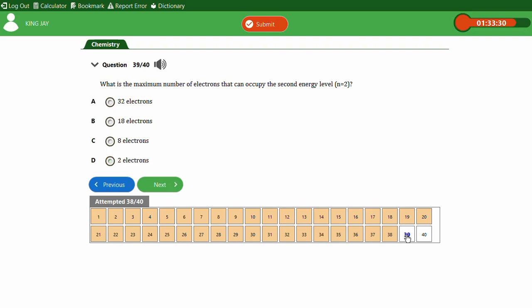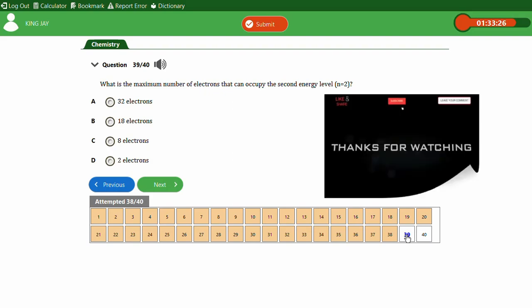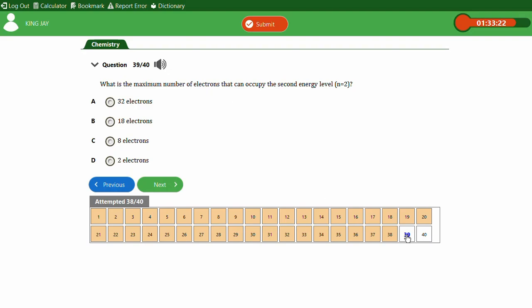Question 39. What is the maximum number of electrons that can occupy the second energy level? The first energy level holds 2 electrons, the second holds 8, the third 8, the fourth 8. So the option is C.